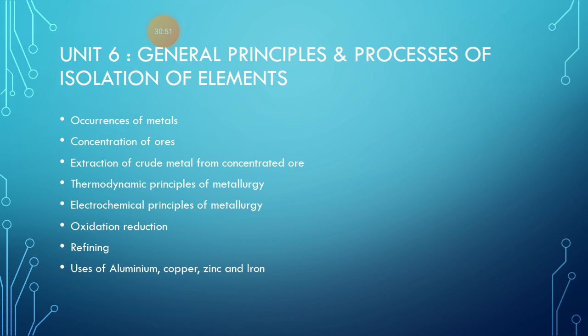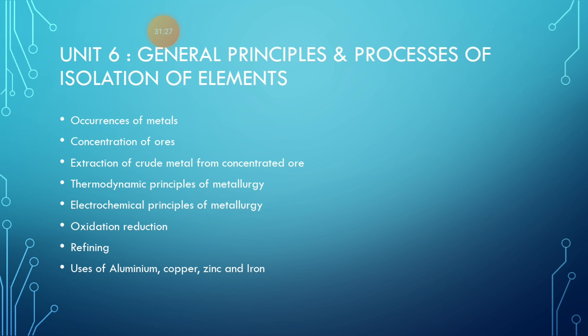Then we are going to learn the thermodynamic principle of metallurgy and the electrochemical principle of metallurgy. So at what temperature, what kind of products are formed, and how metal is extracted, which metal is extracted at what temperature, we are going to learn here. Why a particular ore requires calcination, why a particular metal ore requires roasting, and which kind of impurities can be removed at what temperature.